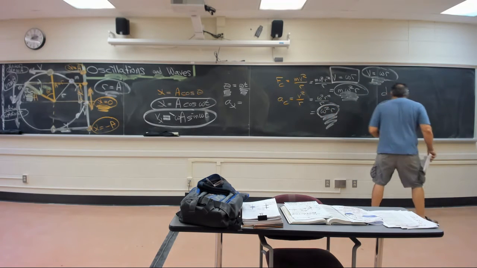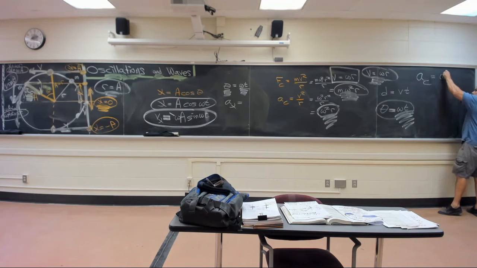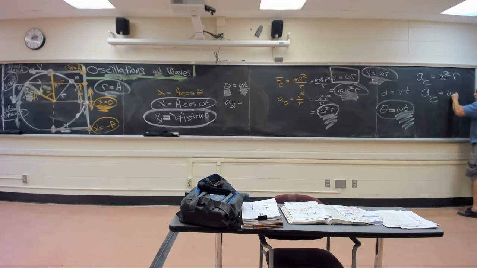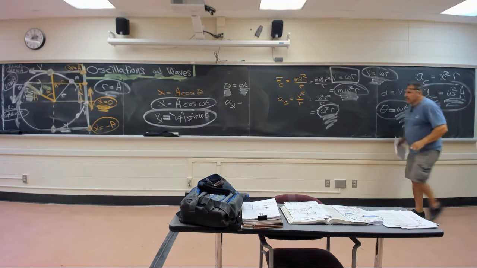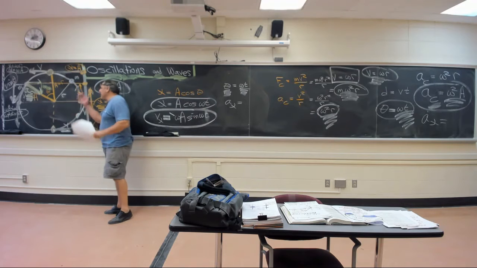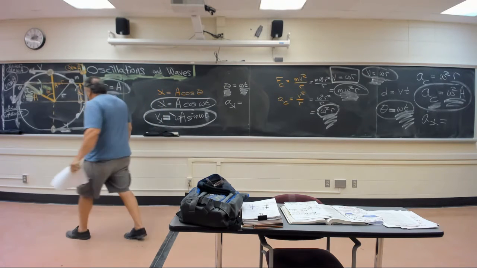That's omega squared r. AC is omega squared a, because the r and the a are the same. Yes? What is a sub x? And I'm sorry, this looks more like a y. I get it, but we entered the dance, we got to dance. Let's figure this thing out.